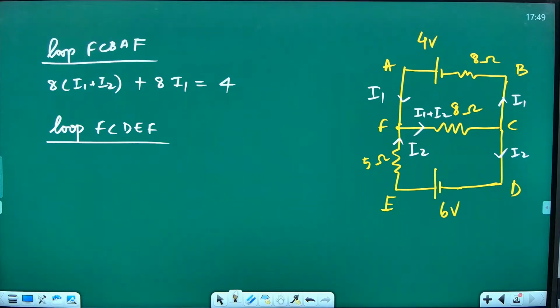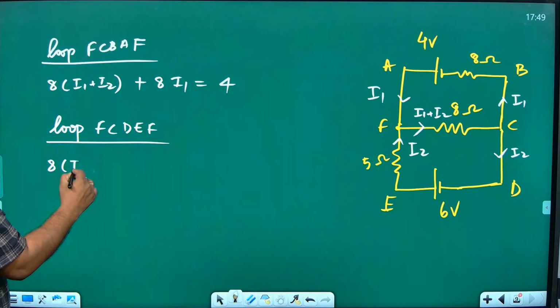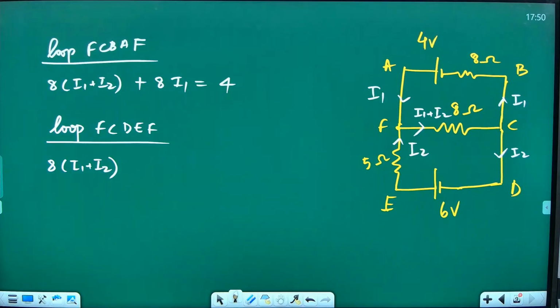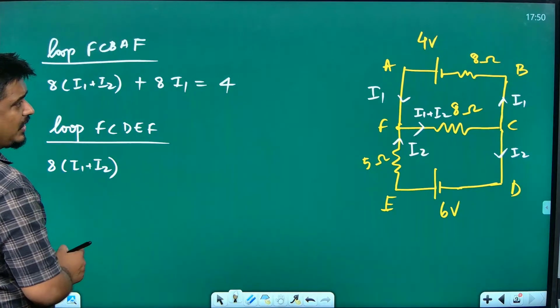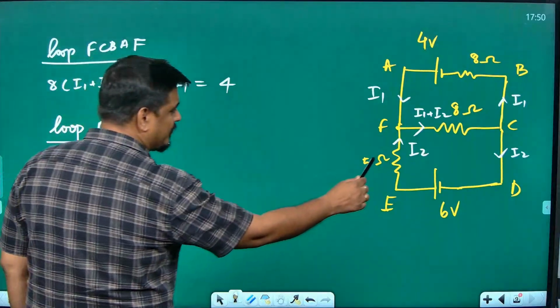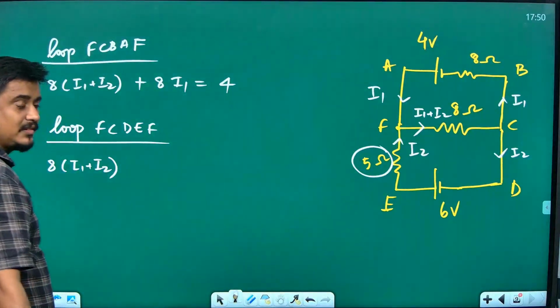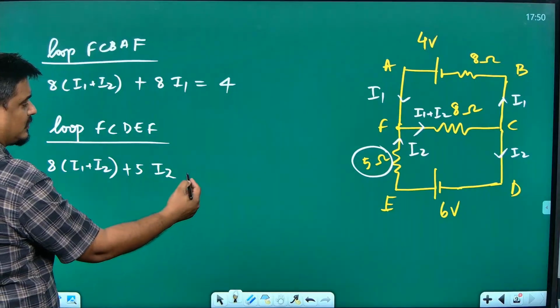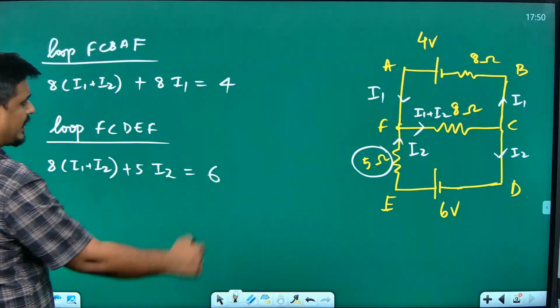Loop F, C, D, E, F. Give a try. 8 I1 plus I2, plus 8 I2? This is 5, to this side. So plus 5 I2 equals, you are correct.